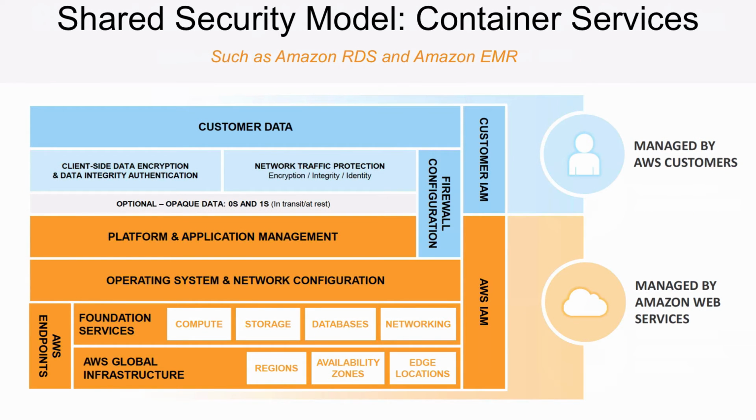Beyond that, if we're getting into container services, so these are services where AWS manages the underlying infrastructure and the foundation services, but also the operating system and the application platform. So examples of this will be things like Amazon RDS, where, if that's an Oracle RDS instance, we're managing all layers of the container up to and including the Oracle database platform.